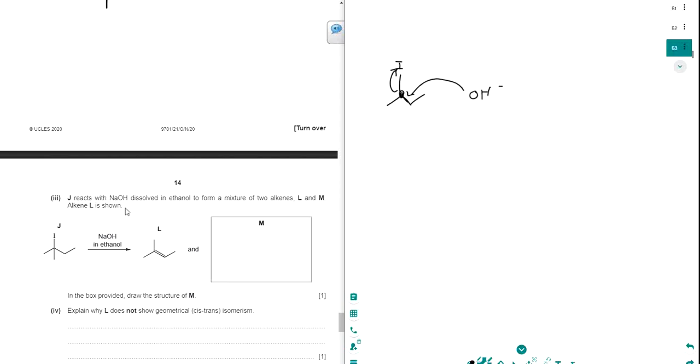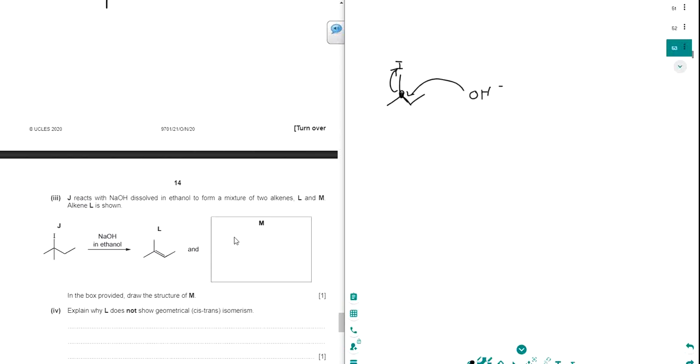J reacts with sodium hydroxide dissolved in ethanol to form a mixture of two alkenes, L and M. Alkene L is shown. Which one is alkene M?